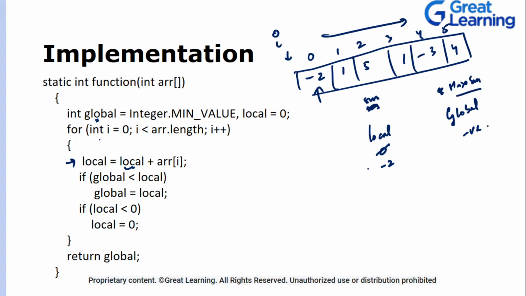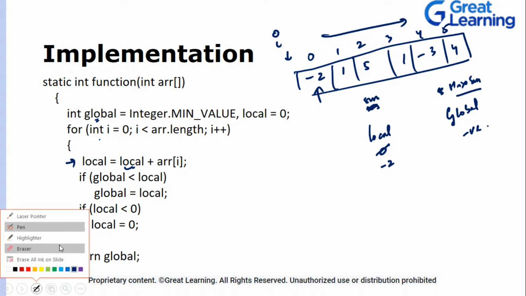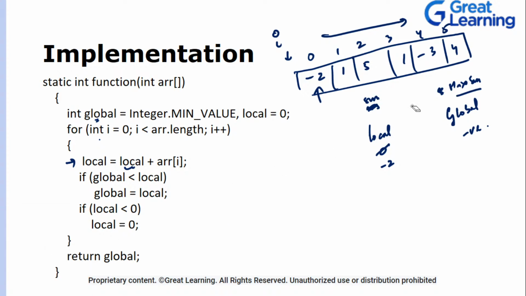So global will be the global maximum and local will be the local maximum. Since -2 is greater than the global value, the value will change. Global is equivalent to local, so this will be -2. Now is your local less than 0? Yes, it is, so it will be 0.